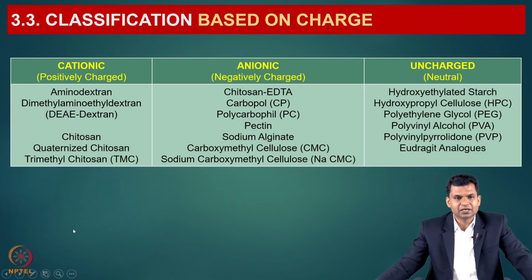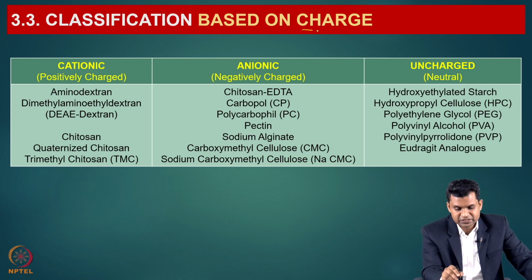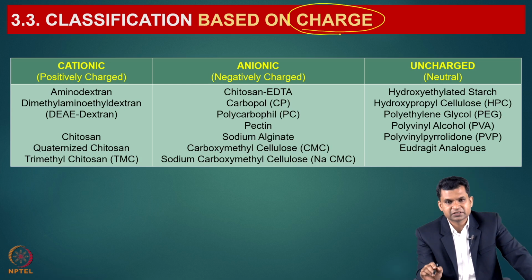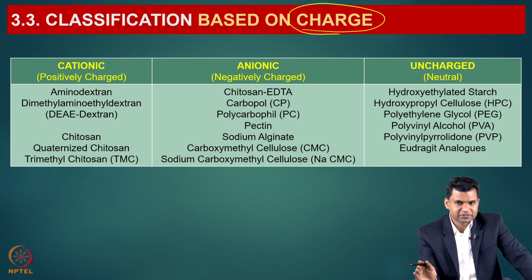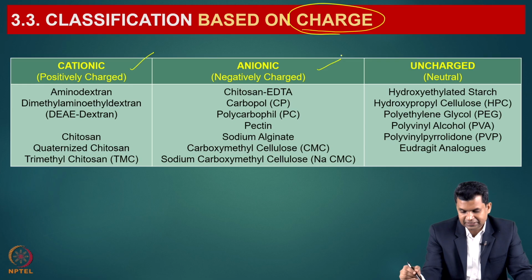Now, the third class is based on the charges, that is, the charge present on the polymers. That can be classified into three classes. One is cationic, second is anionic, third one is uncharged, that is non-ionic polymers.